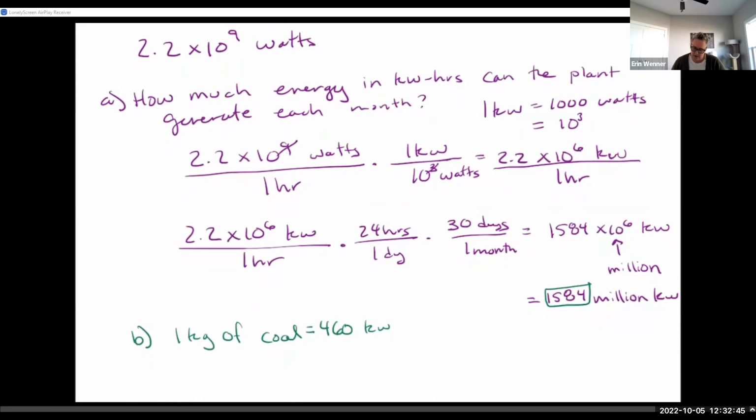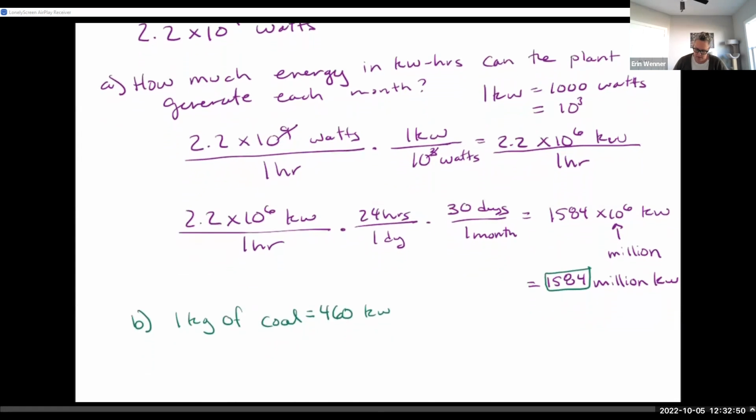So we're going to take how much energy it can put out in a month, 1,584 times 10 to the 6 kilowatt hours. And we're going to multiply it by this 1 kilogram over 460 kilowatt hours. And the reason why we're multiplying it by 1 kilogram is this is kilogram of coal. So that's going to give us our energy usage in kilograms.